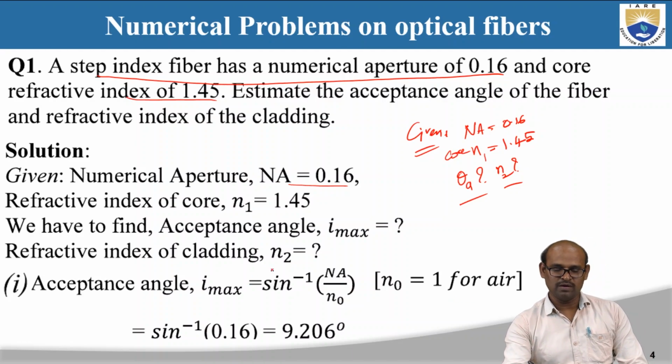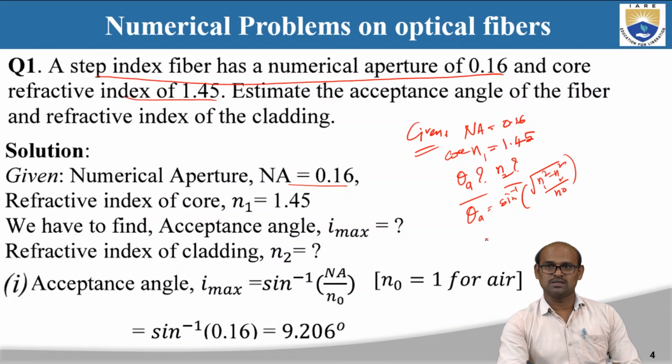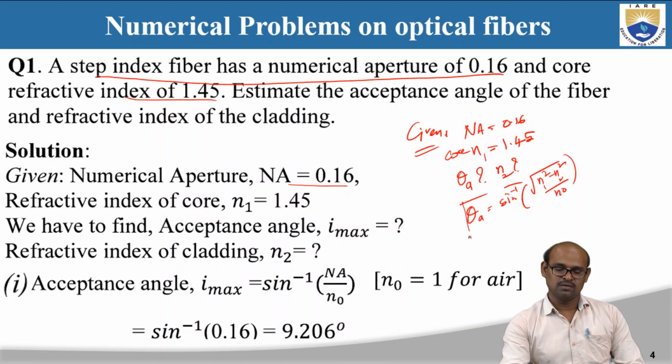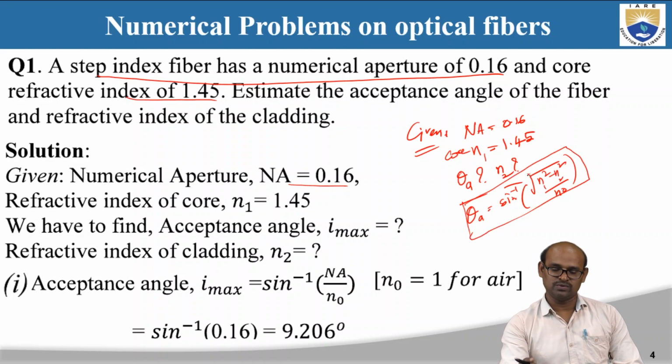The formula for acceptance angle, which we have derived, is theta A equals sine inverse of square root of n1 square minus n2 square, divided by n0. There is no square root for n0.